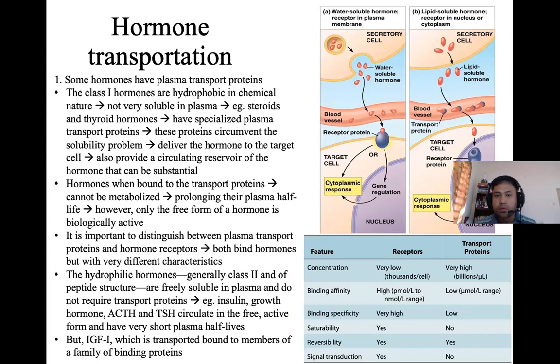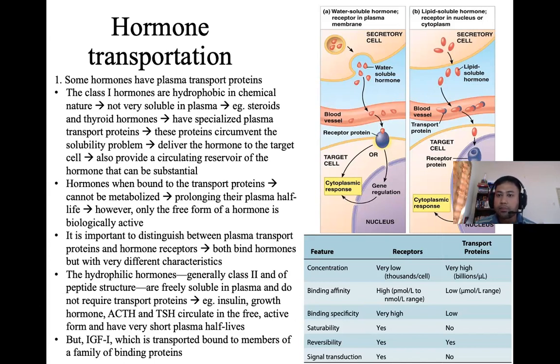You know, last week we went through the different types of thyroid hormones. It can be thyroxine, it can be triiodothyronine, and some other hormones. These are the lipid-based hormones.